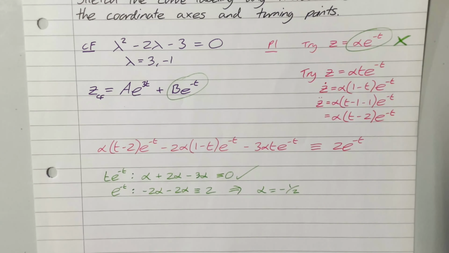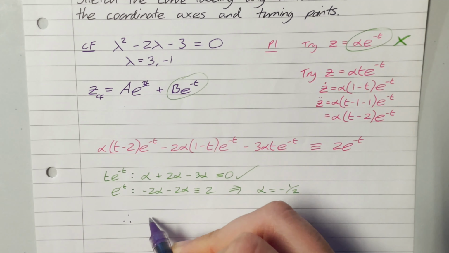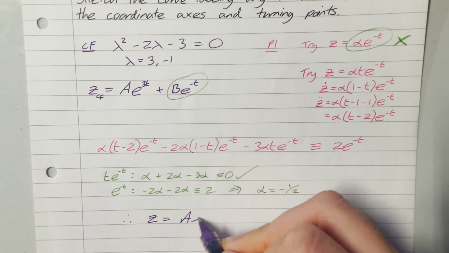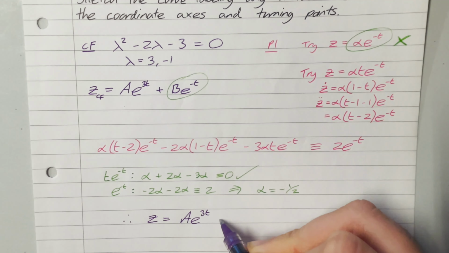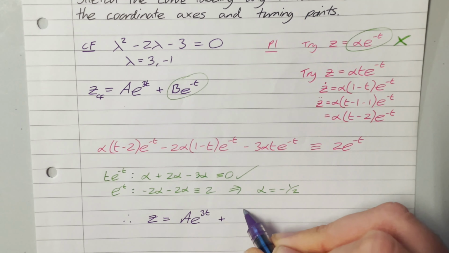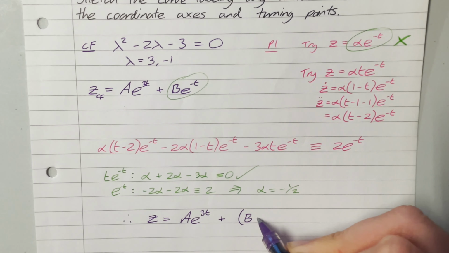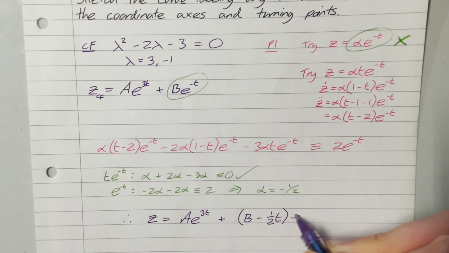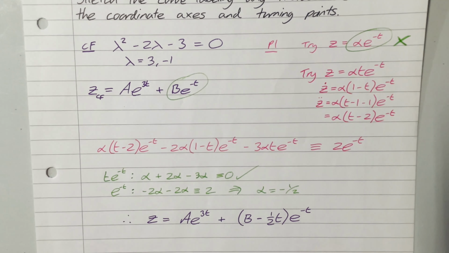So my general solution then is z is equal to my complementary function, which is ae to the 3t, plus, I'm going to write this as b minus 1/2 t into e to the minus t. Okay, so I've factorised part of the complementary function with the particular integral.